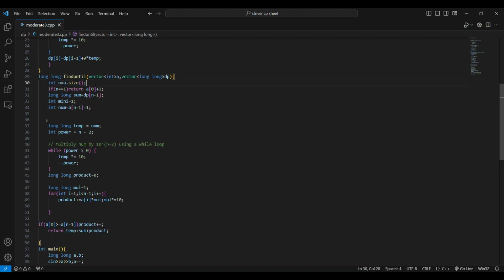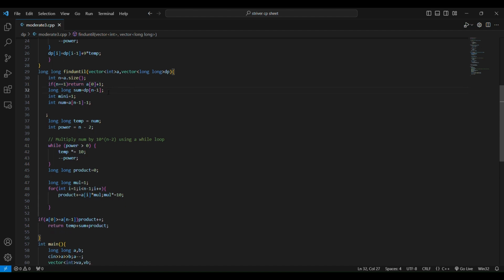If it is a single digit number, then we simply return a of 0 plus 1, that is the digit itself plus 1, because we consider 0 as a valid number, so we add 1. If not, then we take dp of n minus 1 into a temporary variable sum.